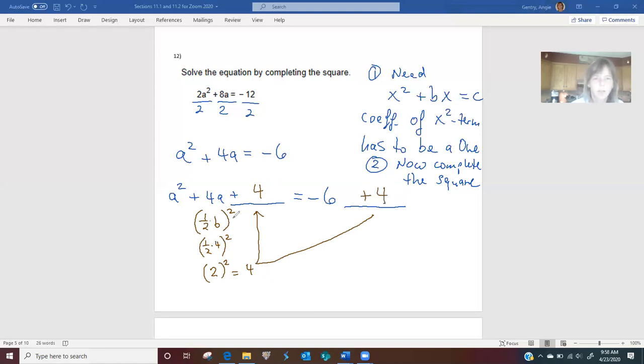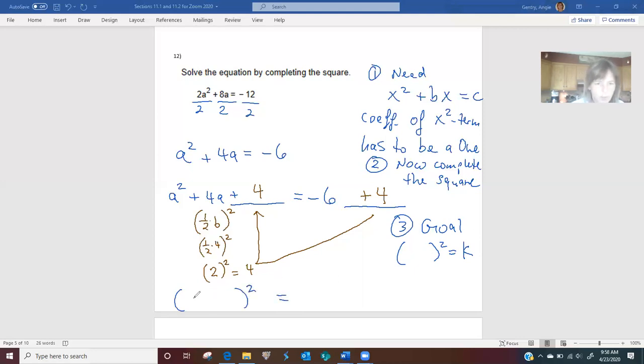And then the inside, this is where you're now going to work. Your goal was something squared equals a constant. That was your goal. So now, right here, we're going to make something squared.